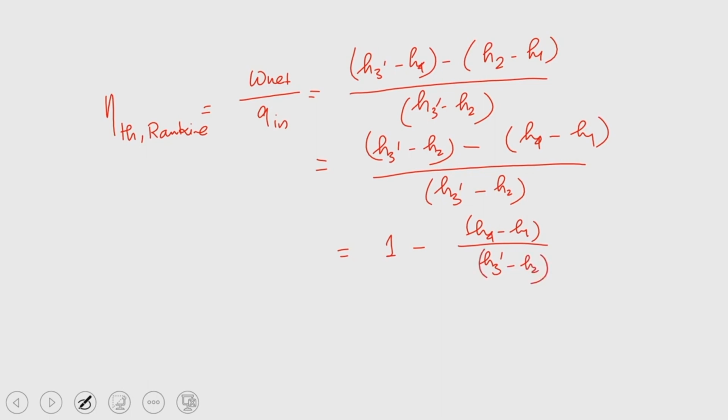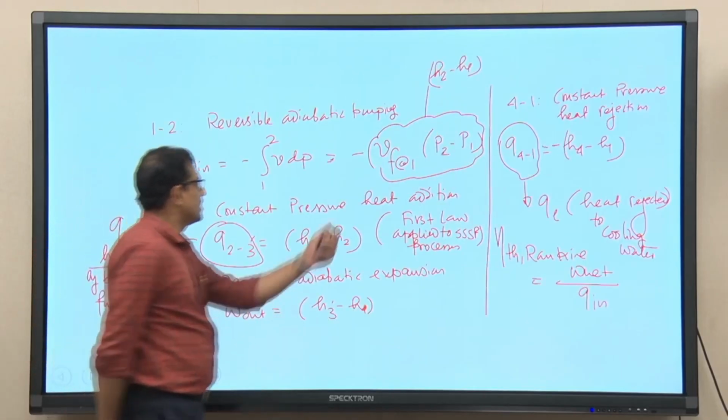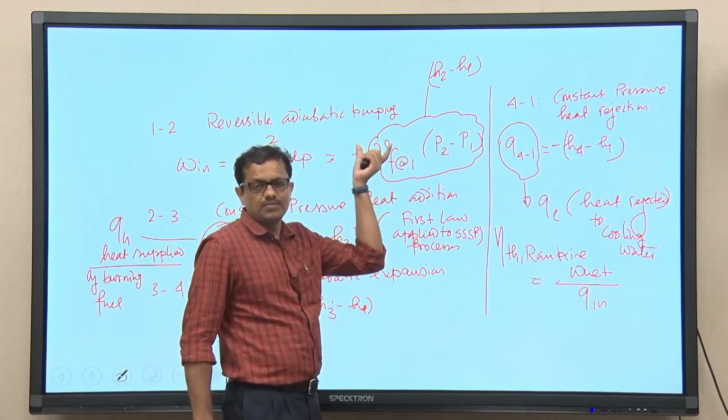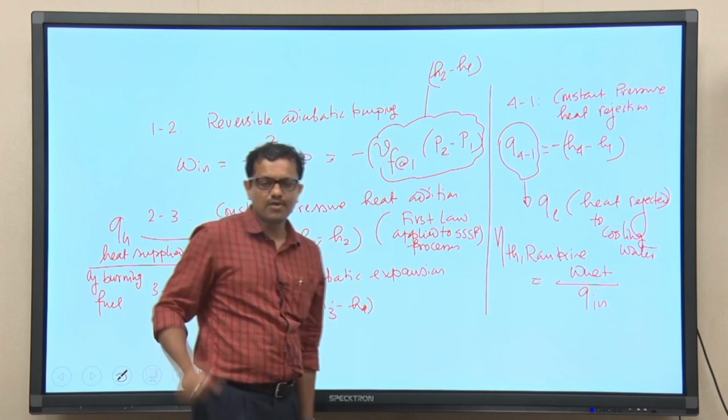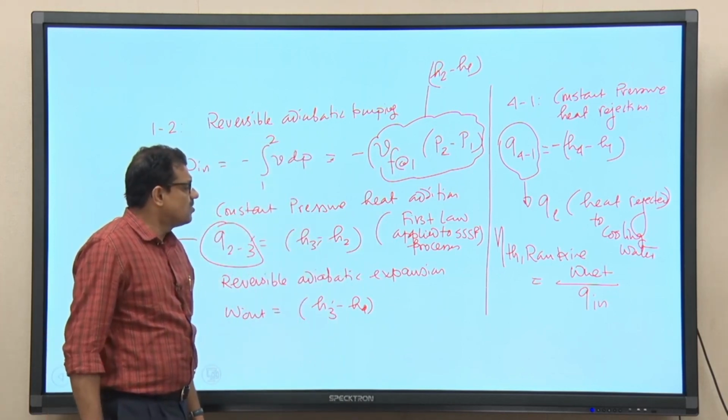This is the expression of the thermal efficiency of the Rankine cycle. You can understand that here this VDP is nothing but change in enthalpy of the liquid because of this pumping process.